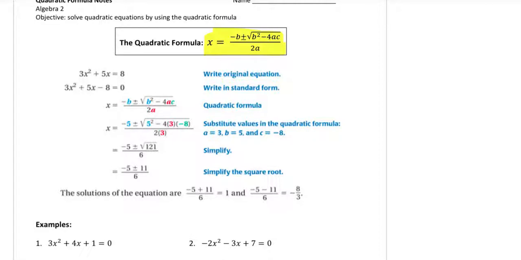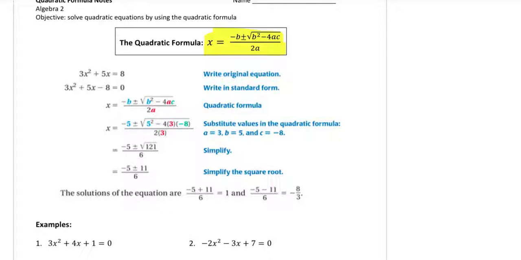The reason that I say opposite of b is because if it's already a negative, I want to make it a positive. So I hate saying the word negative b plus or minus. Sometimes we get the assumption that it should always be negative, and no, it should be the opposite of whatever the original sign was. So be careful with that.